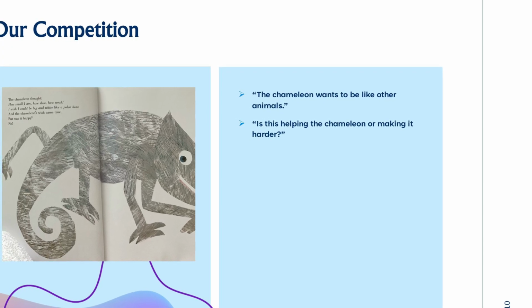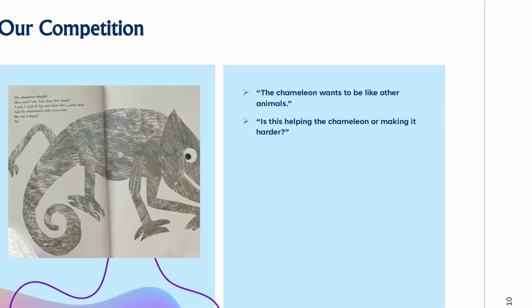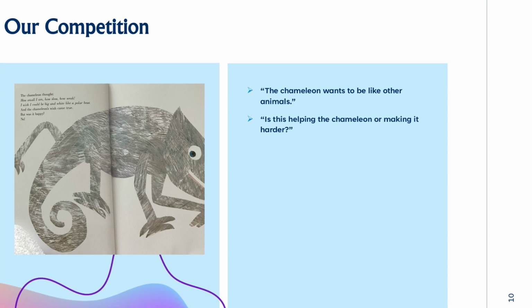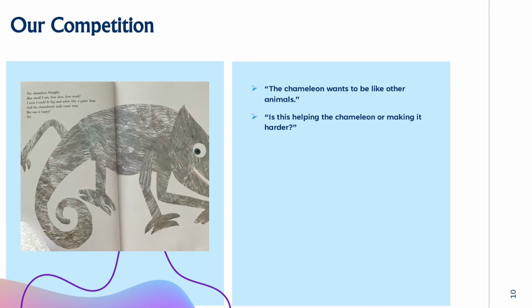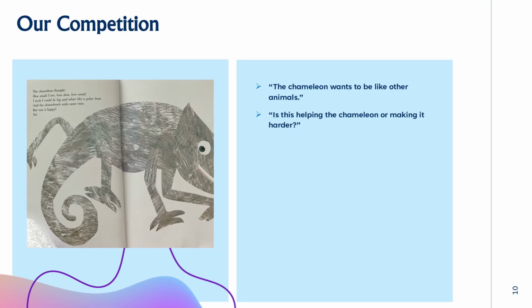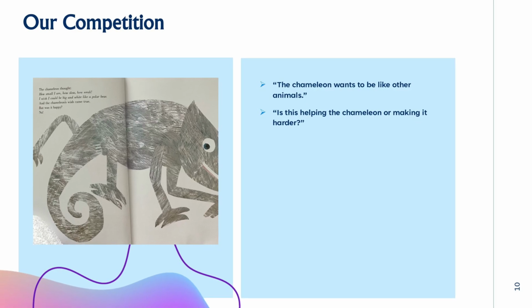I wish I could be big and white like a polar bear. And the chameleon's wish came true. But was it happy? No. So at this point, I would point out that the chameleon wants to be like other animals. I would ask the students if this is helping the chameleon or is this making things harder?